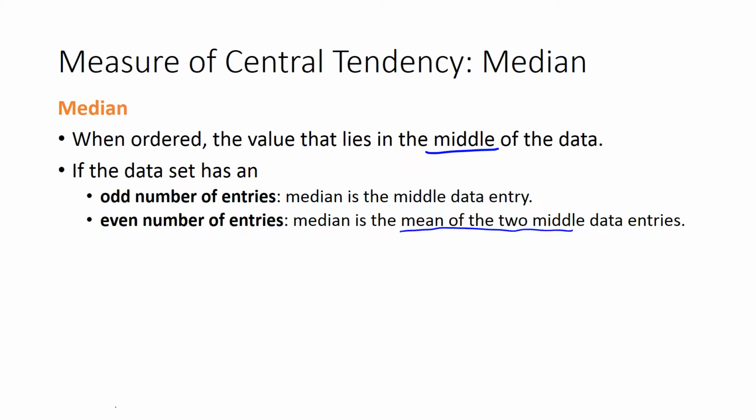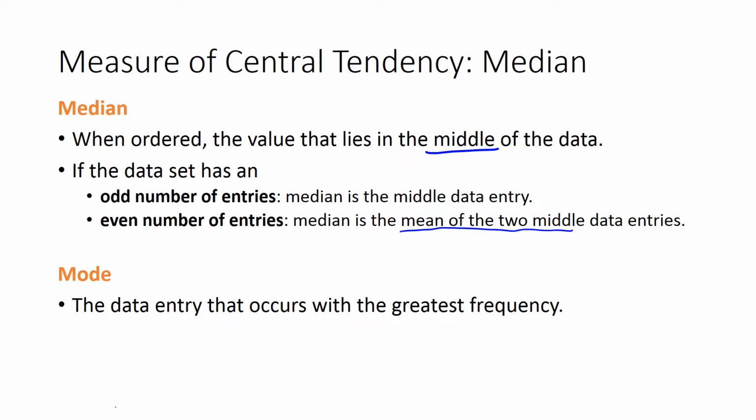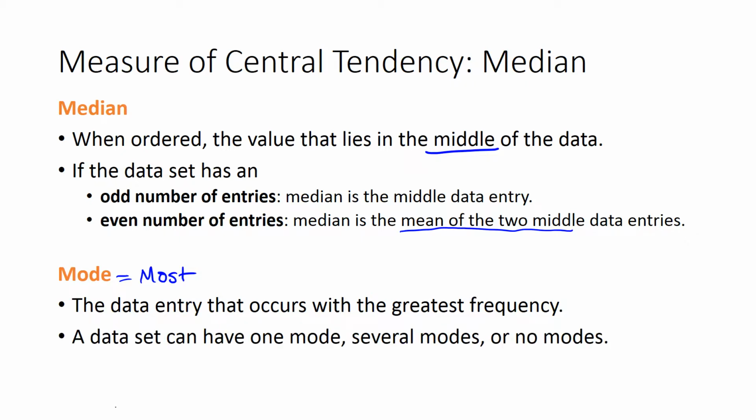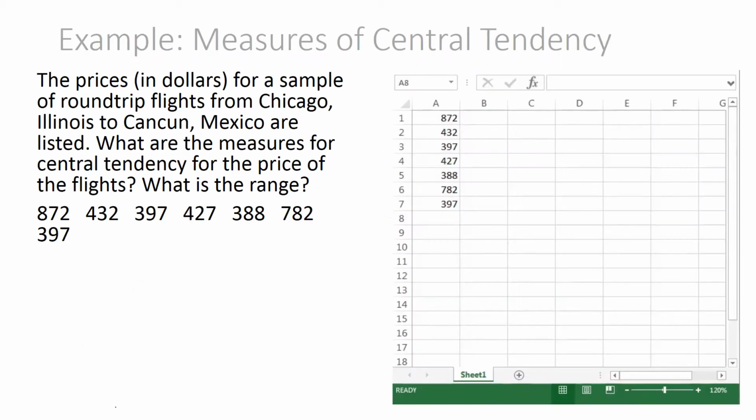The mode is the third one, and that is the entry that occurs with the most frequency. So mode means most. It's possible for a data set to have one mode, multiple modes, or no modes, depending on the number of occurrences.